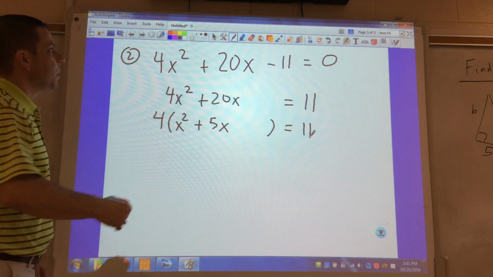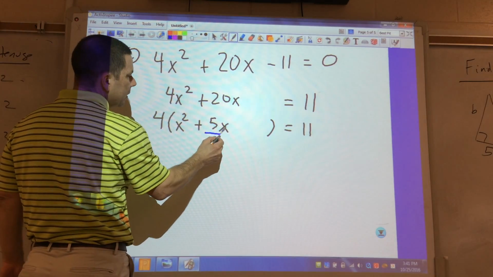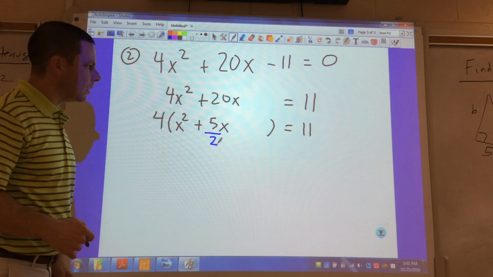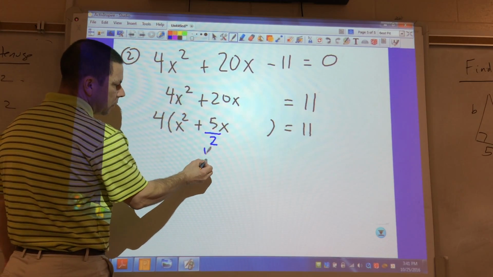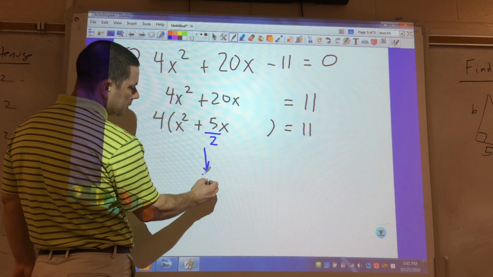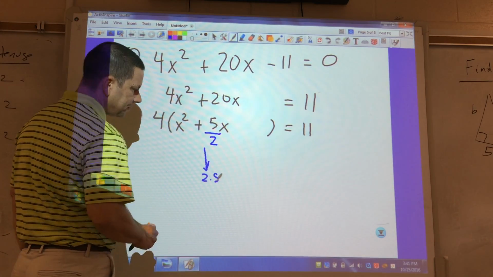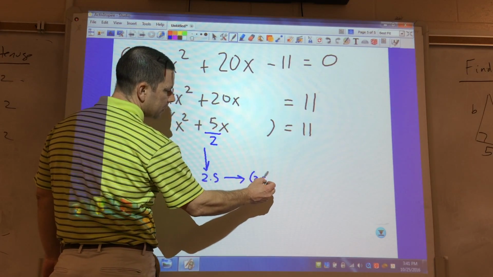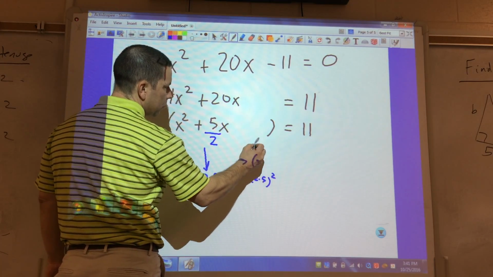All right, now we go through the completing the square process. We divide this 5 by 2. I often encourage my students to use fractions, but this time we're going to convert that one to a decimal, and that would be 2.5. All right, and then we take 2.5 and we square it. What is 2.5 squared?